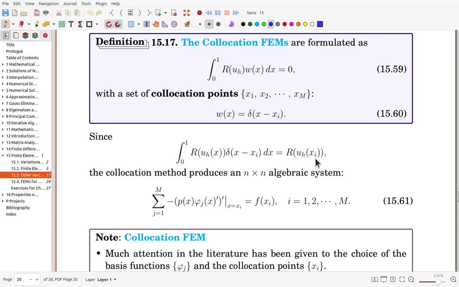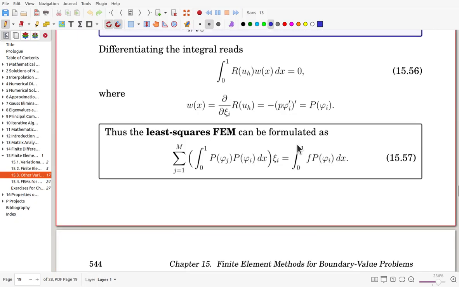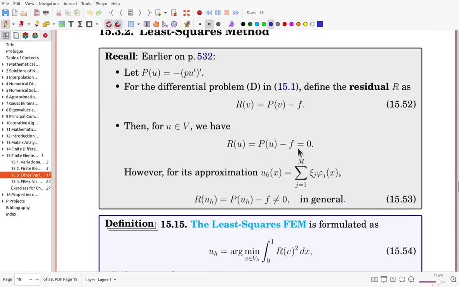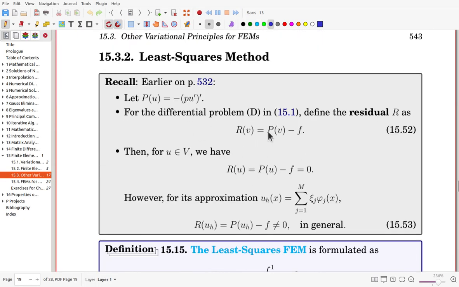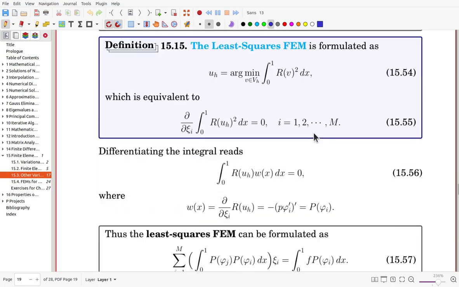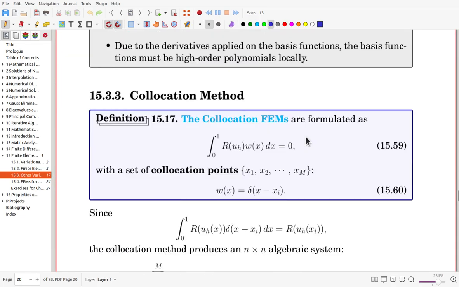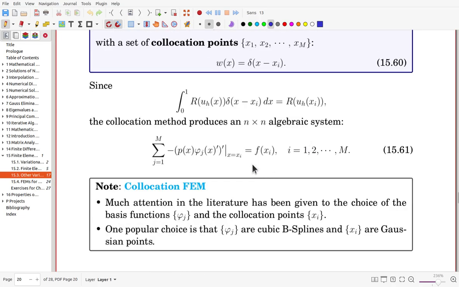So the collocation method will make, okay, the residual is defined to be the differential operator minus the right side f, so that after evaluation we can move this one to the other side. Then that's exactly this one.